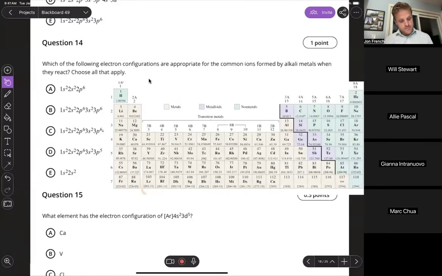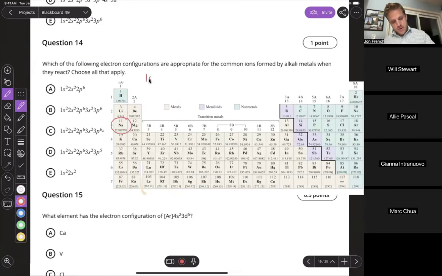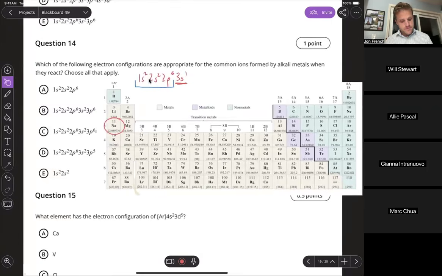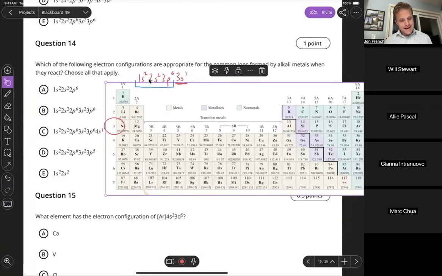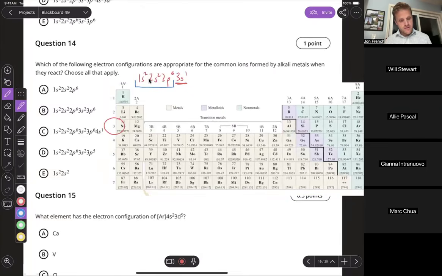For example, sodium is 1s2, 2s2, 2p6, 3s1. When sodium reacts, it loses this electron. And what do we have left? We have that noble gas configuration. So we are looking for anything that's got a noble gas configuration.